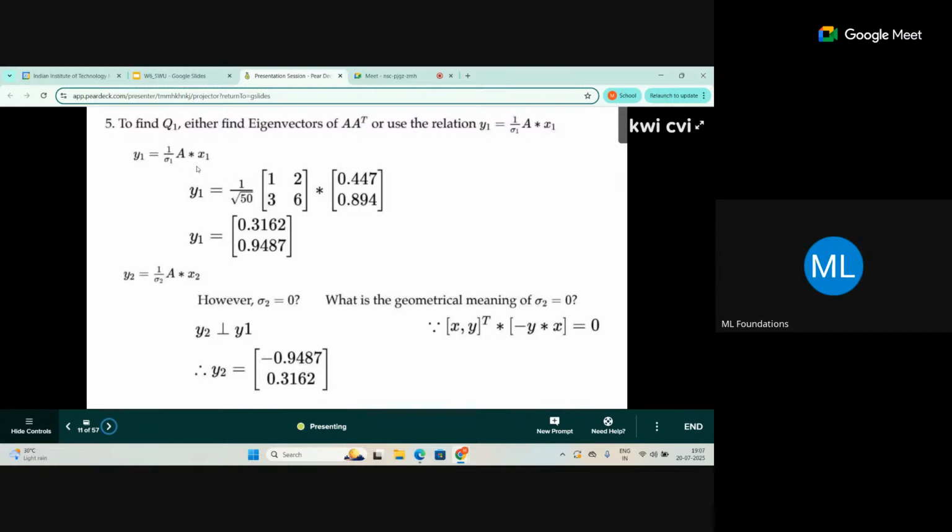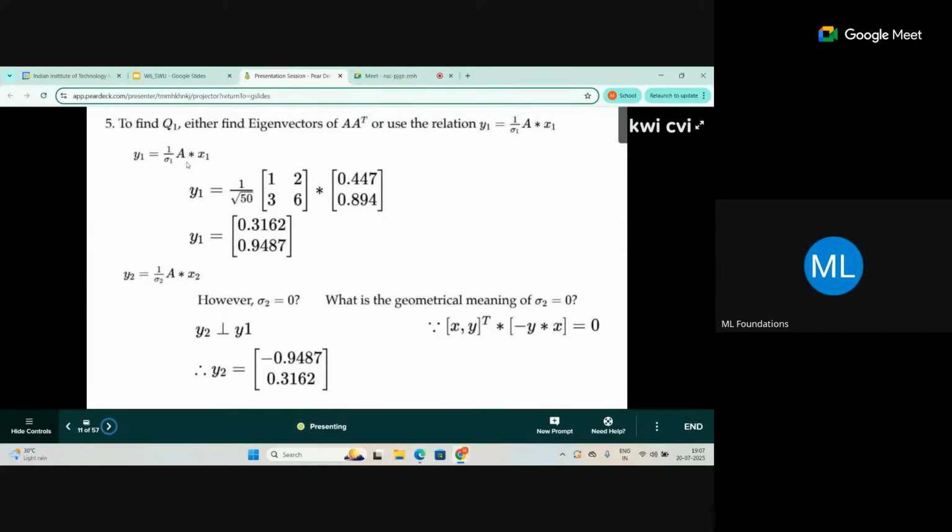The eigenvector corresponding to A transpose A, which is V. So y1 corresponds to U, and x1 corresponds to the V, the largest eigenvalue of V, right?